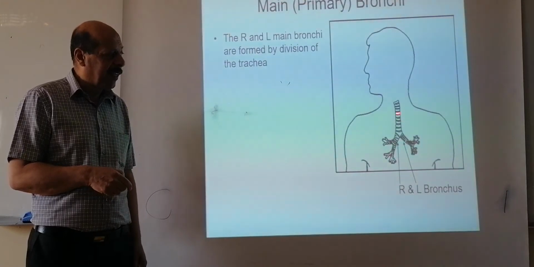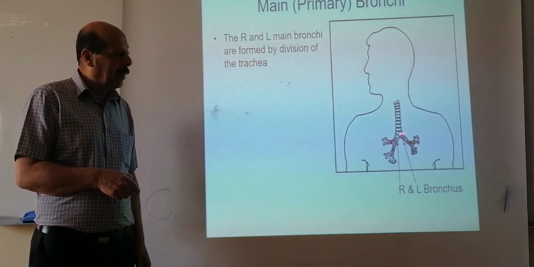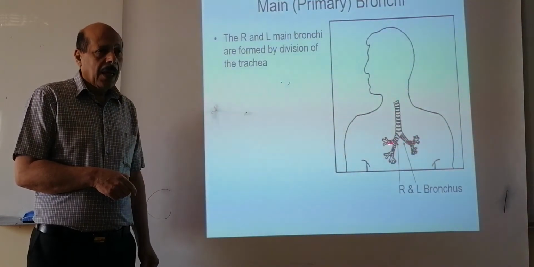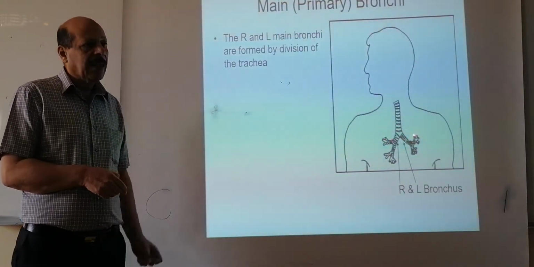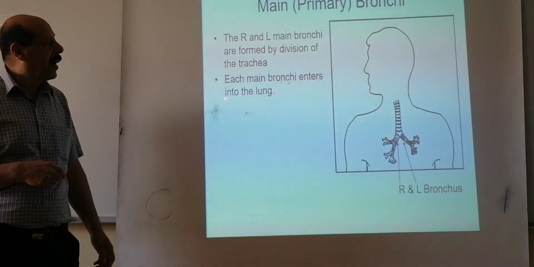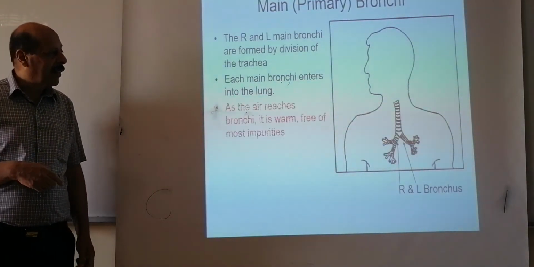C-shaped cartilage is there in the trachea, and here a circle of cartilage, and in between there is a muscular layer. Each main bronchus enters into the lung.